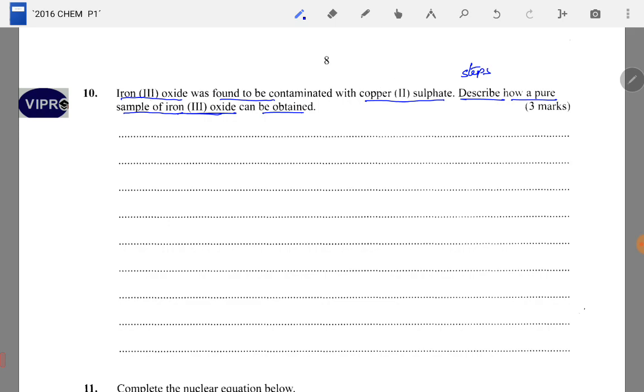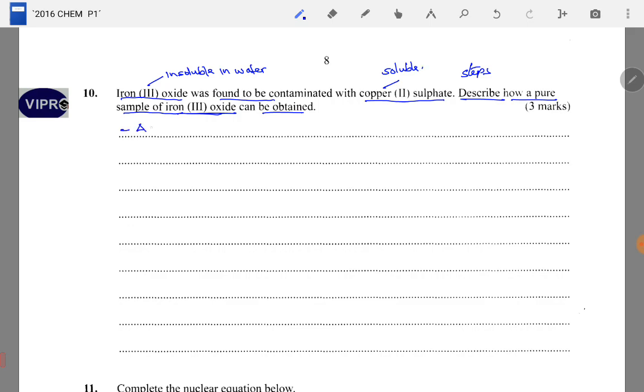You analyze the 2 substances in the mixture to be able to understand how to separate them. Iron 3 oxide in water, if you add water to it, does not dissolve, so it is insoluble in water, while copper 2 sulfate is soluble. So at least we now know where to begin from.